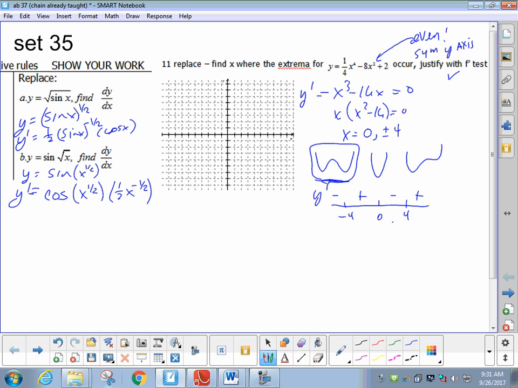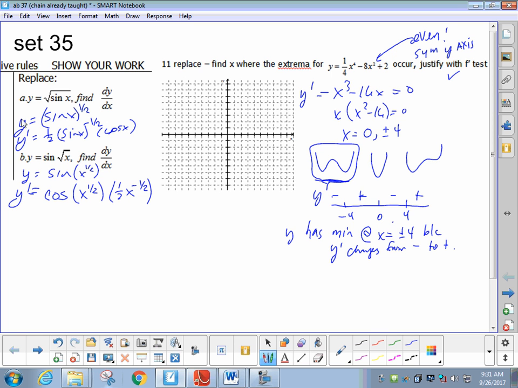If the derivative goes negative to positive, what is that? A min or a max? A min. So I could say y has a min at x equals plus or minus 4, because y prime changes from negative to positive.